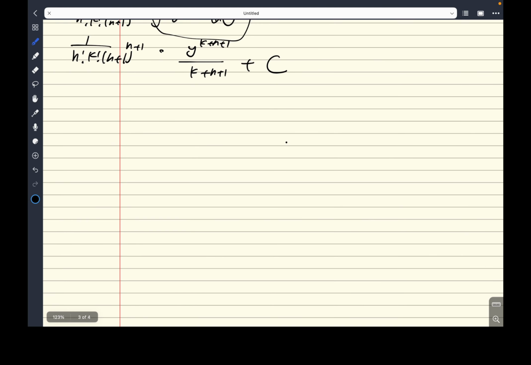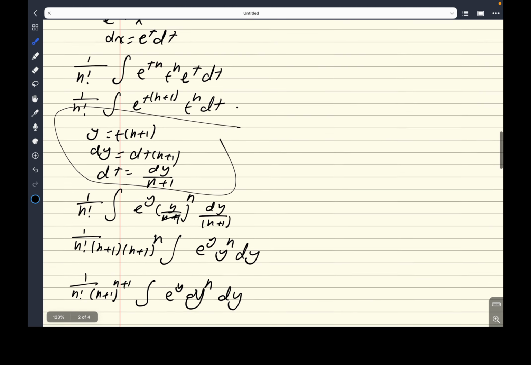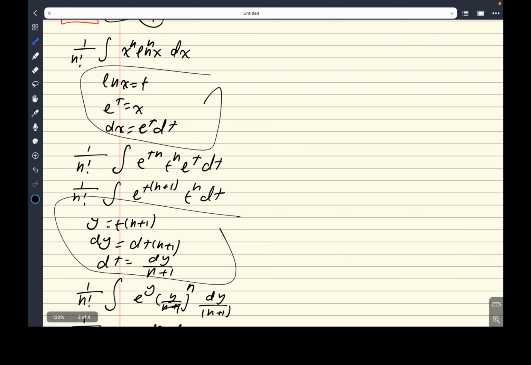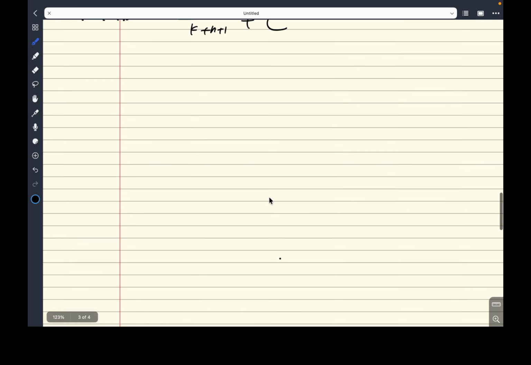Now if I substitute all these values that I did, my final result is going to be a double sum from n equals 0 to infinity, k equals 0 to infinity. You can do the substitution yourself.